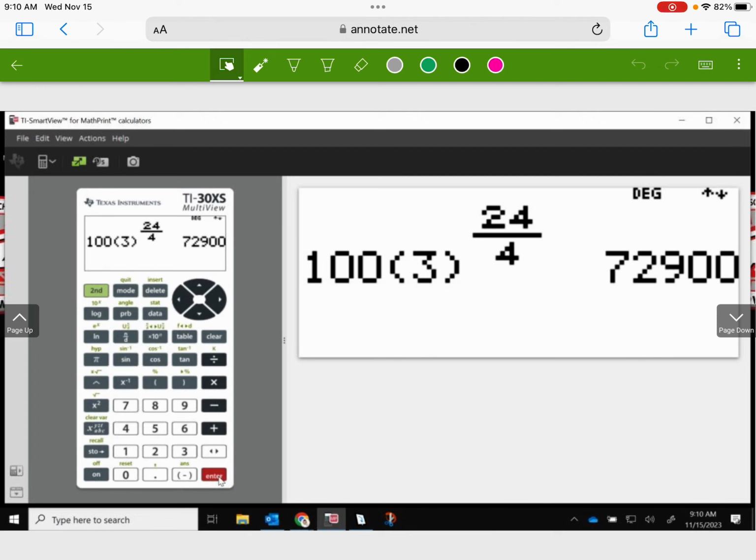So after 24 hours with the 100 fruit flies, we have 72,900 fruit flies.